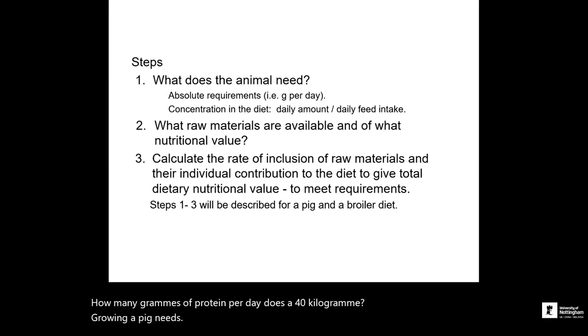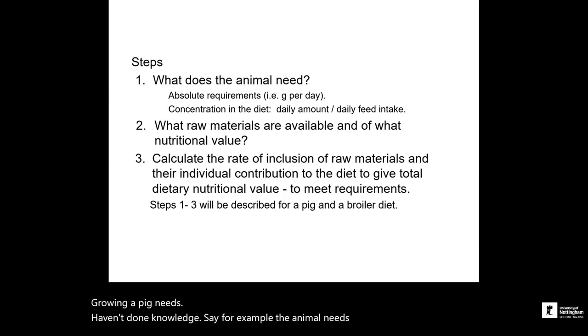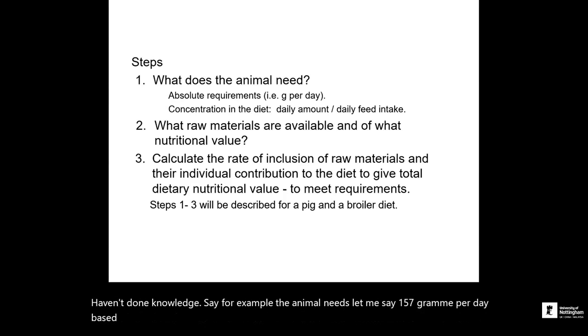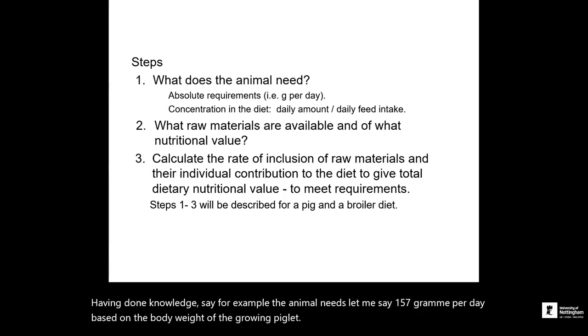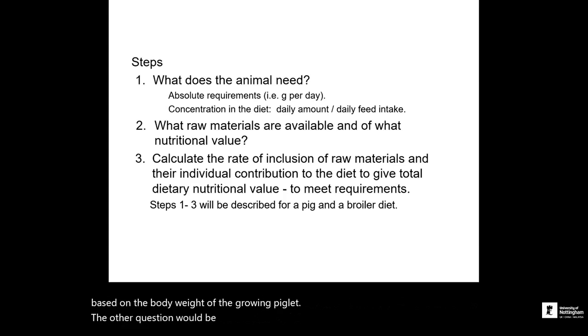Having that knowledge, say for example, the animal needs, let me say 157 gram per day based on the body weight of the growing piglet. The other question would be, how much feed can the animal consume in a day?